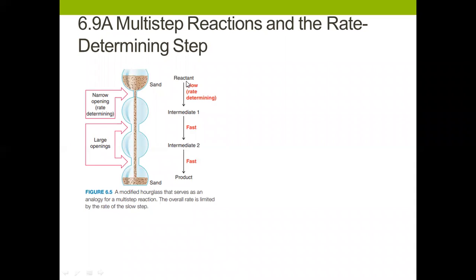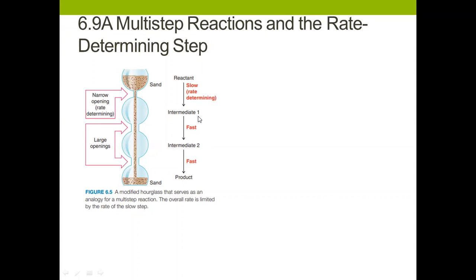Even when you have a reactant that produces a product, in the course of the reaction we may produce different intermediate species, intermediate species 1 and intermediate species 2. The reaction from the reactant to intermediate species 1 is slow, then you have a reaction of intermediate species 1 to intermediate species 2, and then another forward reaction from intermediate species 2 to the product.